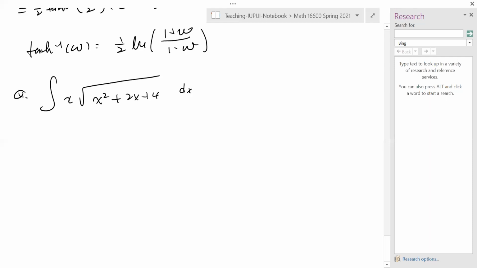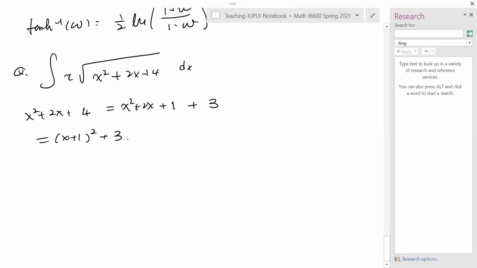Substitution: x squared plus 2x plus 4. We call it completing the square. So for x squared plus 2x, you have to add the 1, so you can combine them, right? Then 4 becomes 3, and you get x plus 1 squared plus 3, okay?